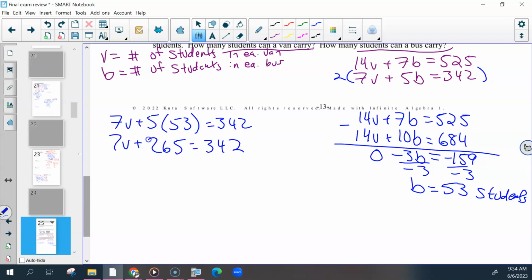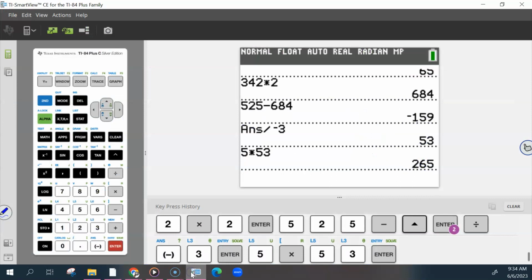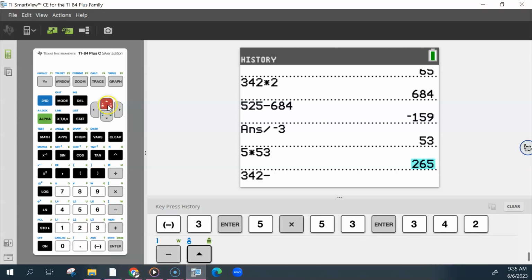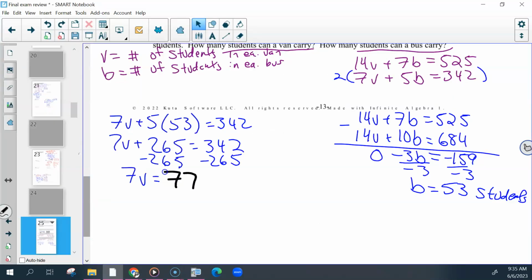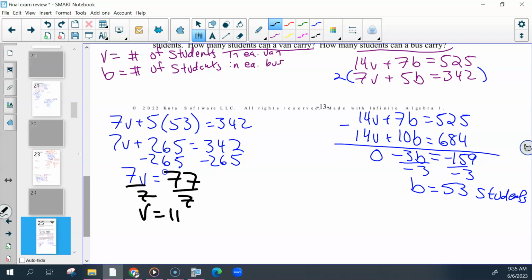And then solve for V. And when you get your answers, double check them.